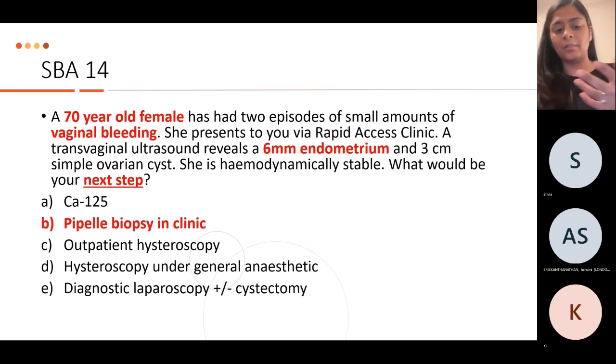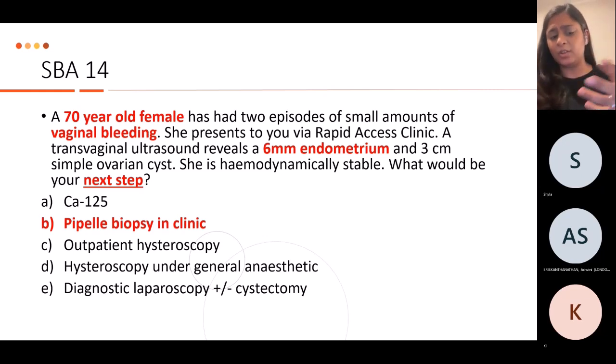So you know she's got a thickened endometrium. The 3 centimeter simple ovarian cyst is a bit of a red herring that I threw in there. And so a CA125, yes, you would want to do actually for the ovarian cyst, but that's not what she's come in presenting to the Rapid Access Clinic. The thing you want to rule out with postmenopausal bleeding is that it's endometrial cancer.